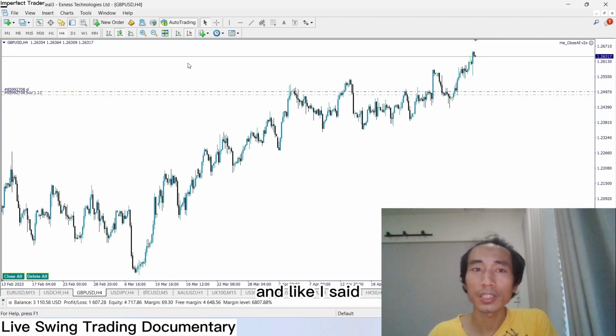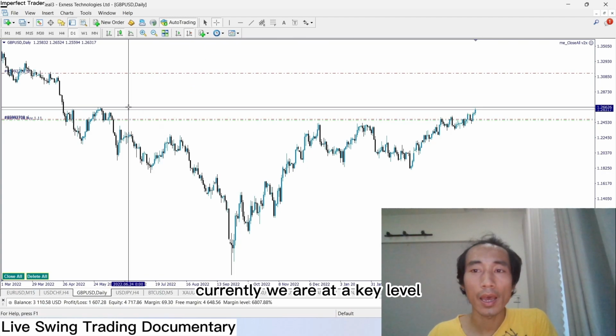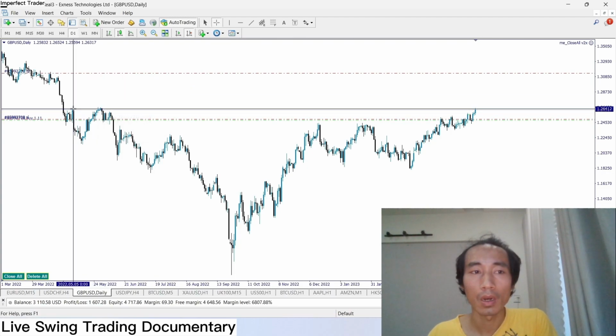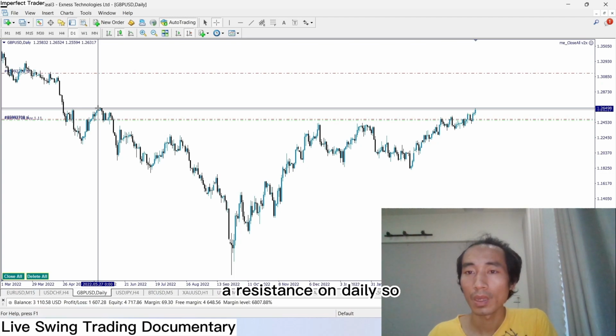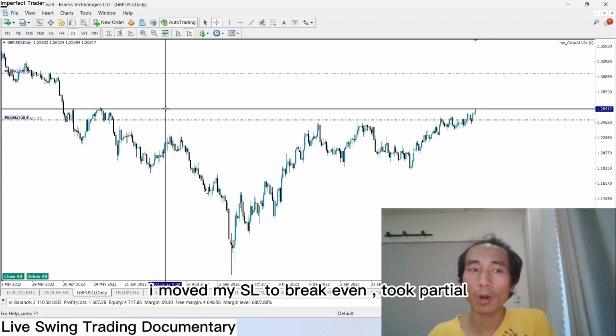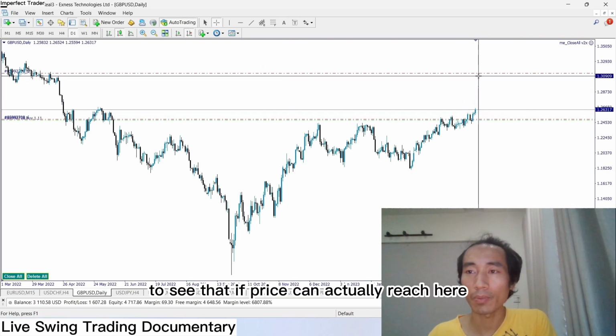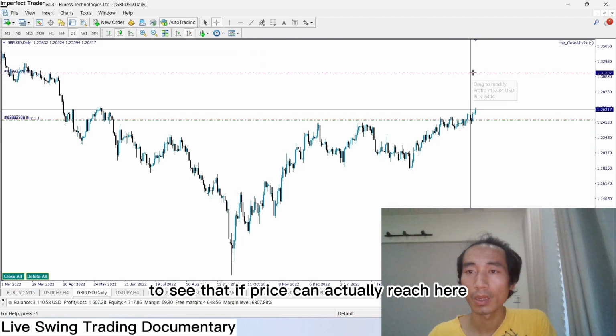And like I said, currently we are at a key level, a resistance on daily. So I moved my stop loss to break even, took partial, and now I am waiting for a breakout to see if price can actually reach in here.